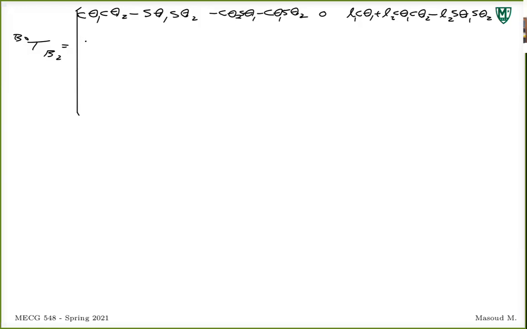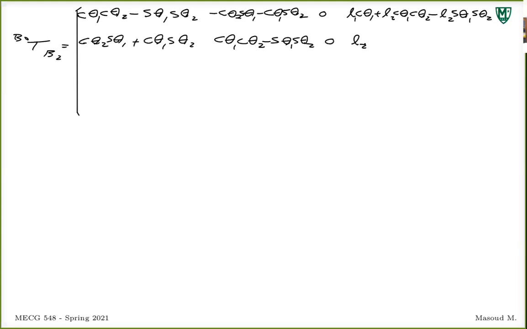This becomes cosine theta 2 sine theta 1 plus cosine theta 1 sine theta 2, then cosine theta 1 cosine theta 2 minus sine theta 1 sine theta 2. This is 0.